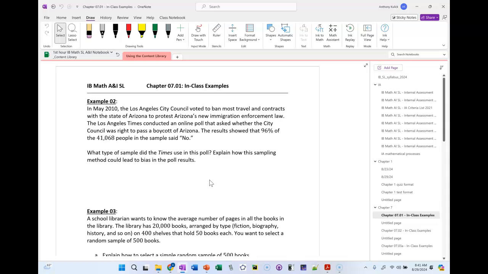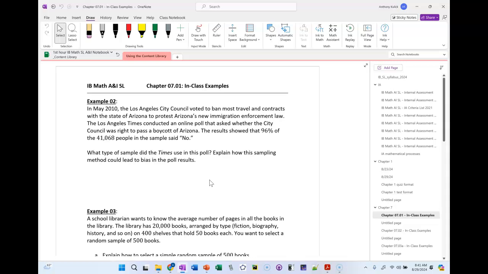All right, next example. It says in May 2010, the Los Angeles City Council voted to ban most travel and contacts with the state of Arizona to protest Arizona's new immigration enforcement law. The Los Angeles Times conducted an online poll that asked whether the city council was right to pass a boycott of Arizona.